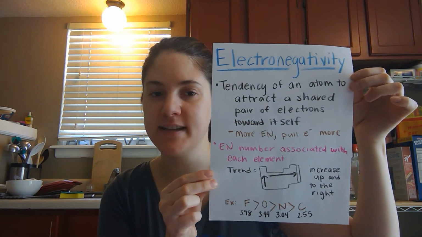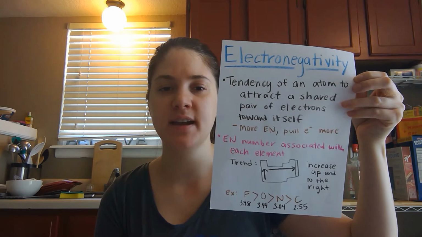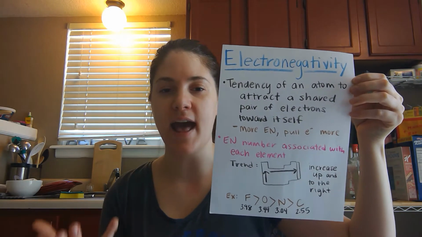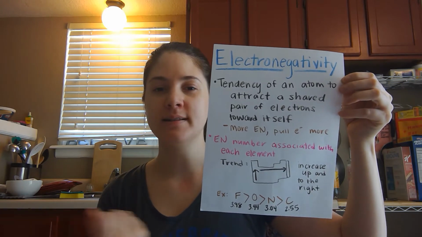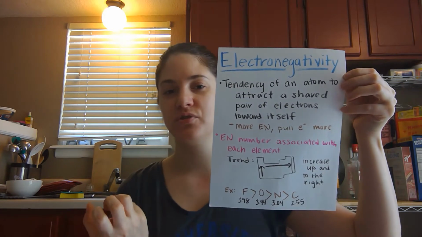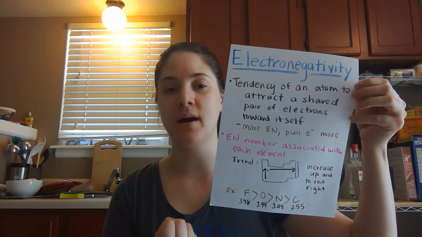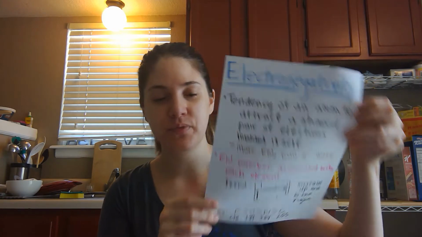So, starting with that first topic, electronegativity. Electronegativity is the tendency of an atom to attract the electrons in a bonded pair towards itself.